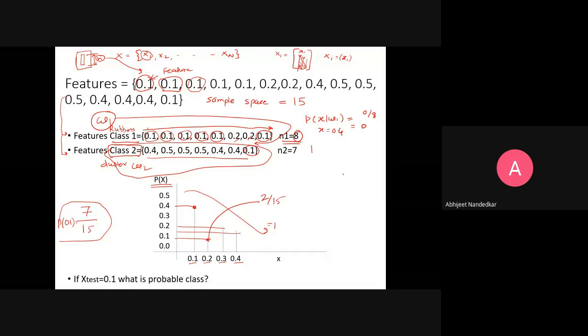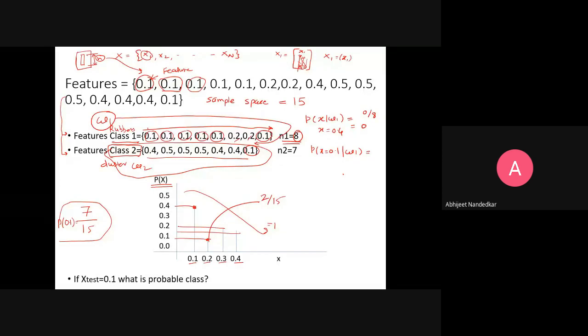Now suppose I write probability of x equal to 0.1 given omega 1. In this case, I will just concentrate on omega 1. I am not seeing what is happening in omega 2. I am just interested in omega 1, so that's why it is called likelihood.